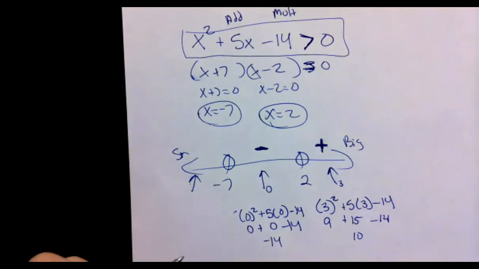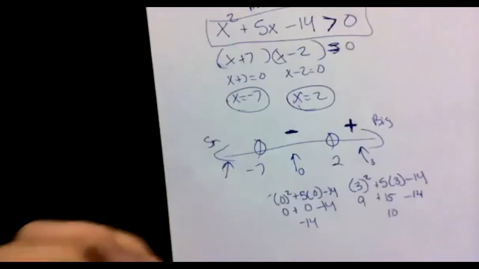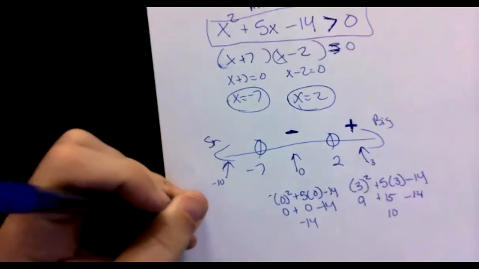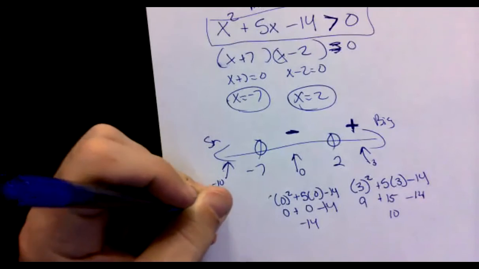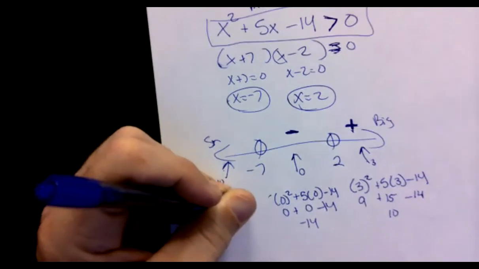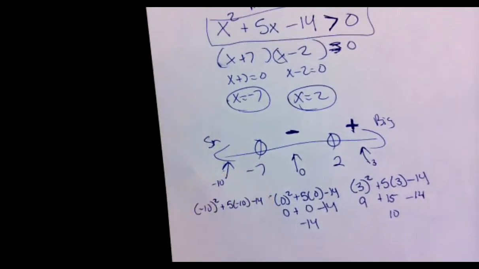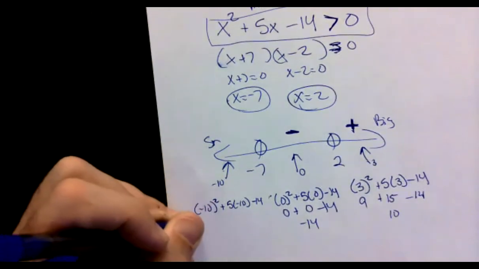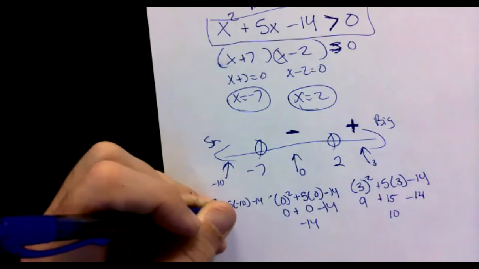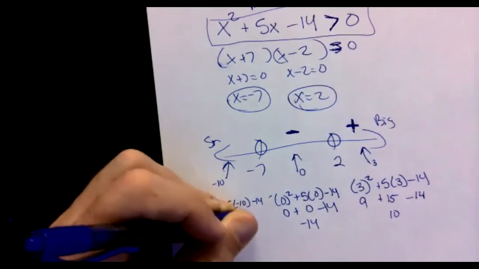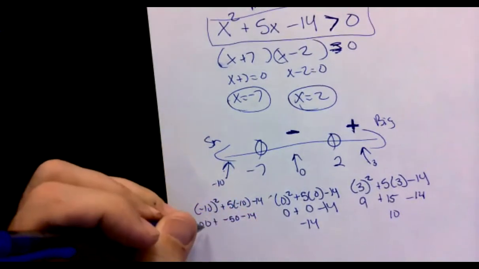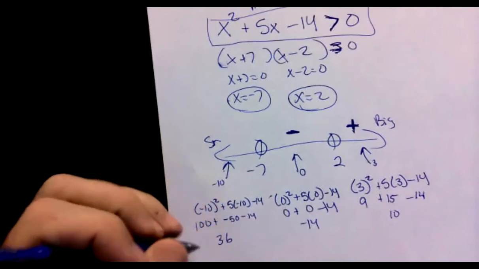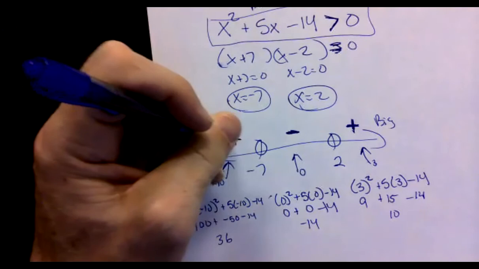And if I pick a number smaller than negative 7, I'm going to pick negative 10. So negative 10 squared plus 5 times negative 10 minus 14. Negative 10 squared is positive 100. 5 times negative 10 is negative 50. 100 minus 50 is 50. 50 minus 14 is 36, I think. Doesn't matter. It's still going to be positive, which is all that matters.